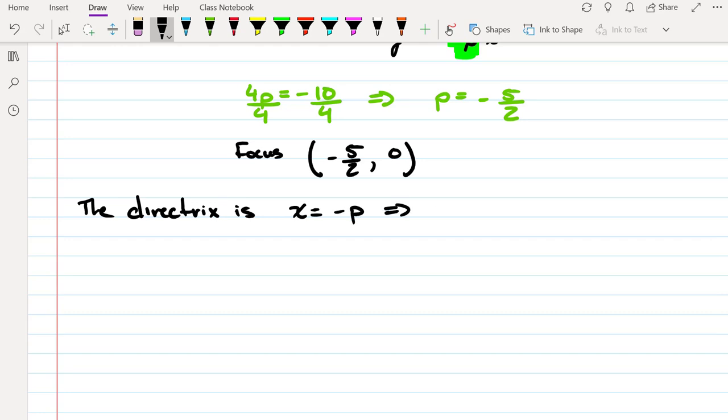So that gives us x equals negative negative 5 over 2, or in other words, x is equal to 5 halves.